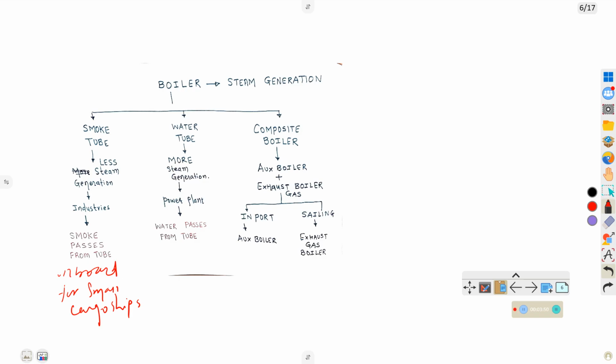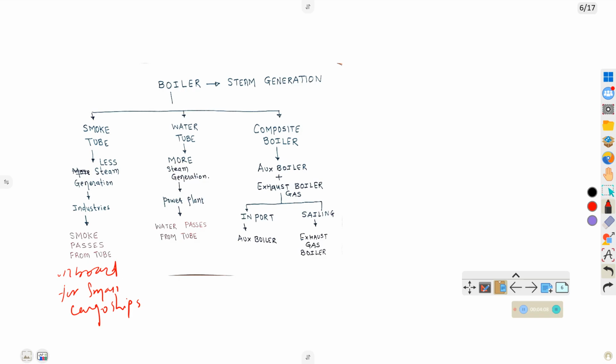So what is the difference between smoke tube and water tube? In a smoke tube boiler, the smoke passes through the tubes and water surrounds the tubes. In a water tube boiler, water passes through the tubes and it is surrounded by smoke.